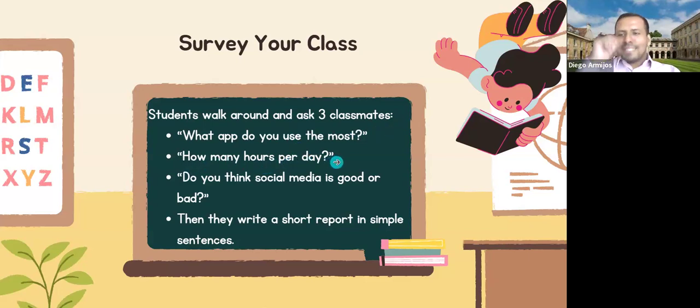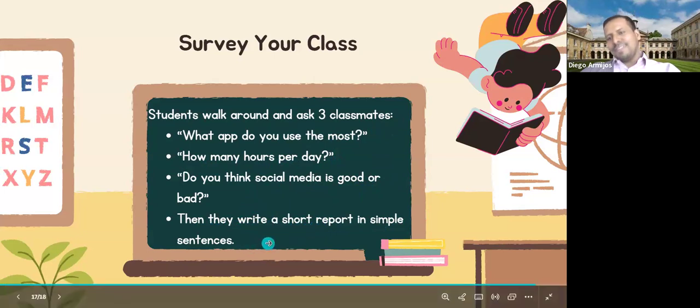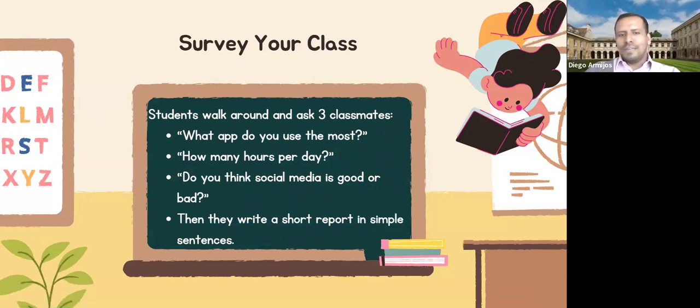So they can write the student's name on a piece of paper, whatever they have, and write, okay, Diego says he uses, I don't know, Facebook. Jorge says he uses TikTok or something like that, okay? Do you think social media is good or bad? Then they write a short report in simple sentences, as I said. Diego uses TikTok. Jorge uses WhatsApp, whatever. Yep. All right.